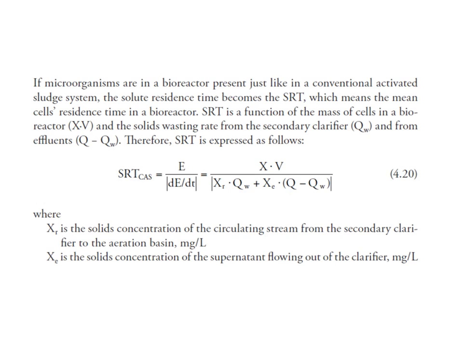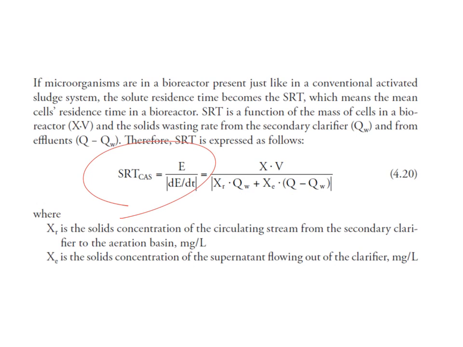So the SRT is a function of the mass of the cells in the bioreactor and the solids wasting rates from the secondary clarification. So if you look at these bioreactor systems, the SRT is not the solute residence time.